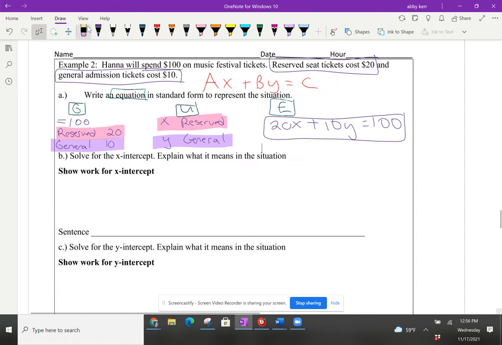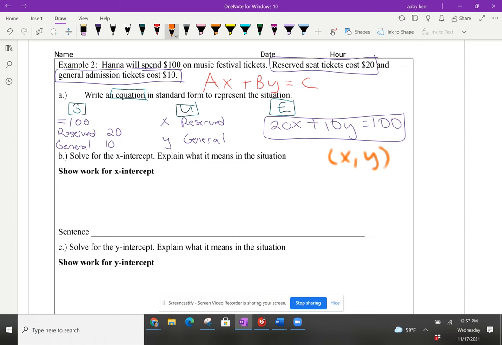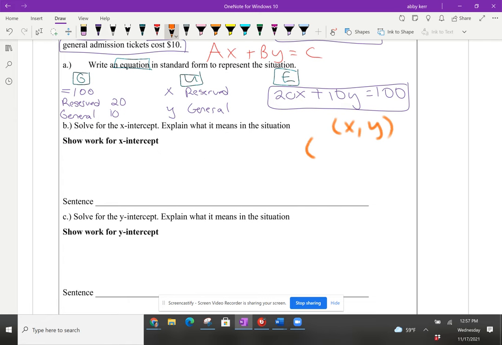When we deal with real life applications like this, we want to really think about what's happening here. So the X finally has meaning, and the Y finally has meaning. I'm going to put over to the side: remember, ordered pairs are always X comma Y. But X is now the reserved tickets, and Y is now the general tickets. So these are the combinations that she can get.